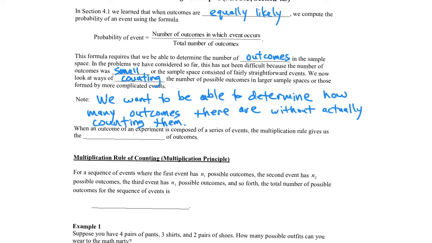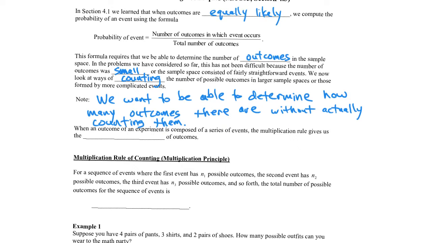Sometimes there's just going to be too many to count. We don't want to just go down the list 1, 2, 3, 4, because it's just not going to be practical. Sometimes it won't even be possible. So we want to come up with other ways to do this.